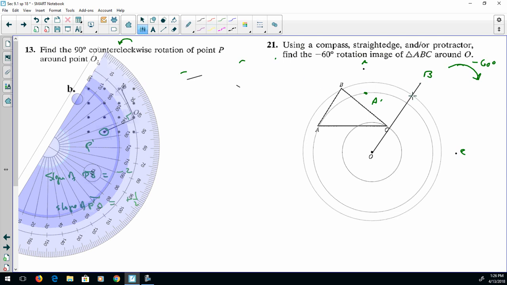And 60 degrees from C was off in this direction. And the C circle is the one on the very inside, so I'm going to put a dot there, and that's going to be my C prime. Okay. So I think we can connect some things here.